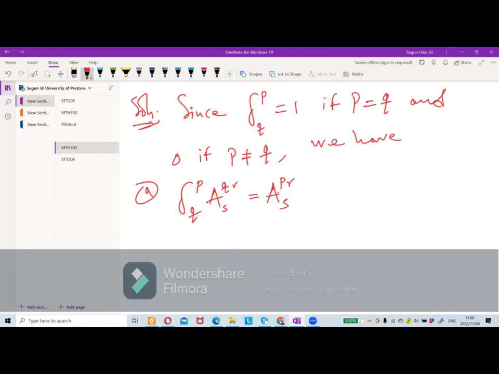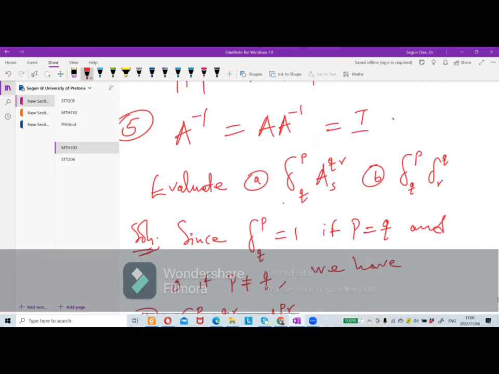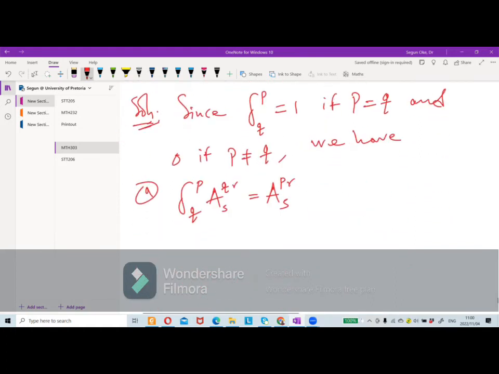I assumed P equals Q. From the question, what do they give us? We're given Kronecker delta PQ, AQR. If they are the same, definitely P will be equal to Q. But if they are not the same, it will be 0, which we don't need. And you just get your mark.